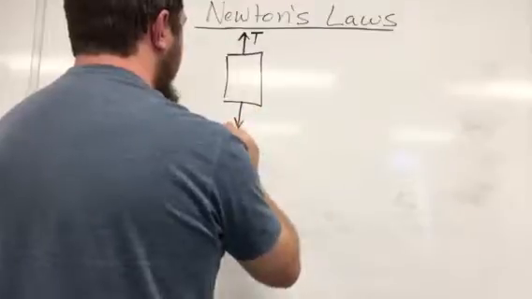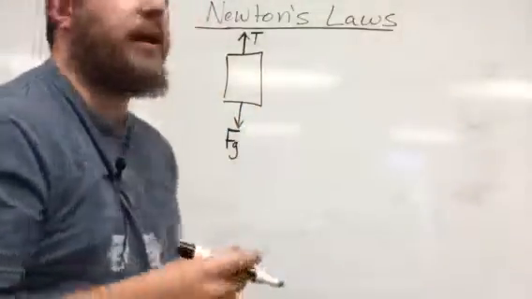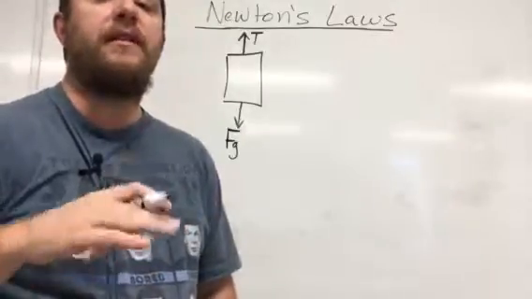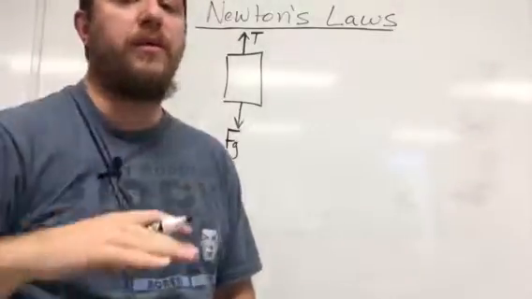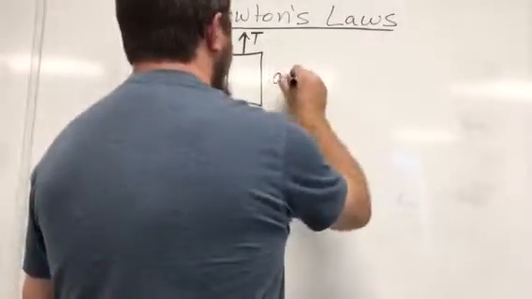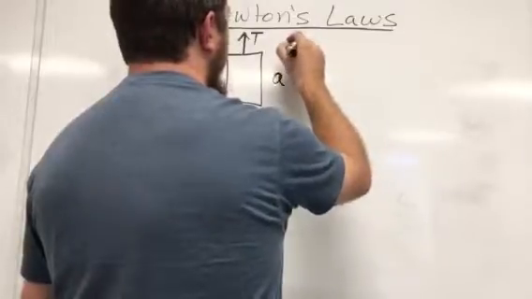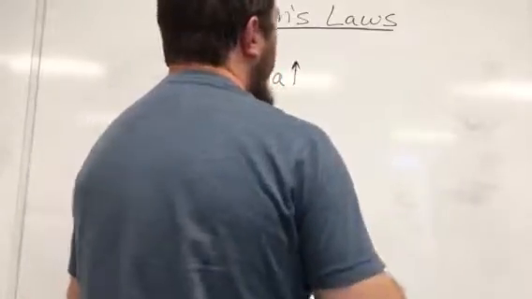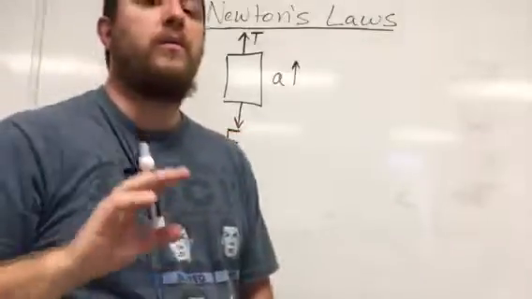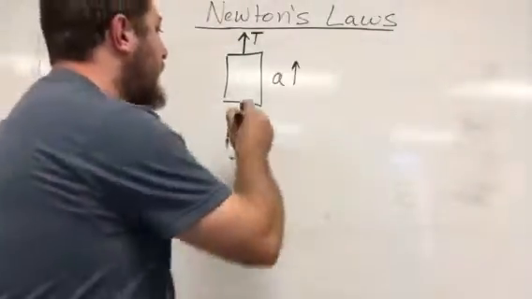We have the force of gravity acting downward, and the overall acceleration of this elevator is accelerating upward. So it's moving faster and faster and faster upward. All right, so let's say the acceleration is upward. The overall acceleration is upward, and for now we'll skip on putting the numbers in. We'll just let you see it symbolically.